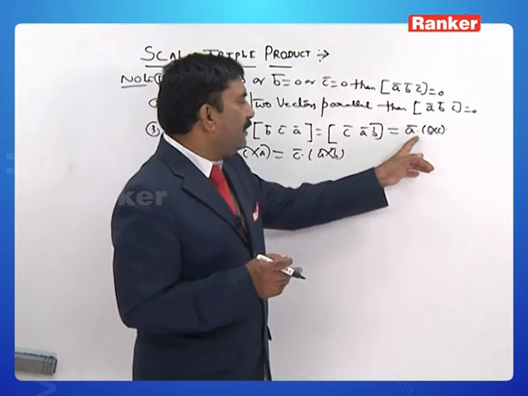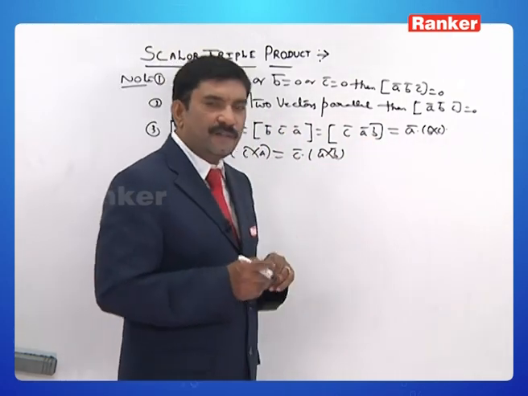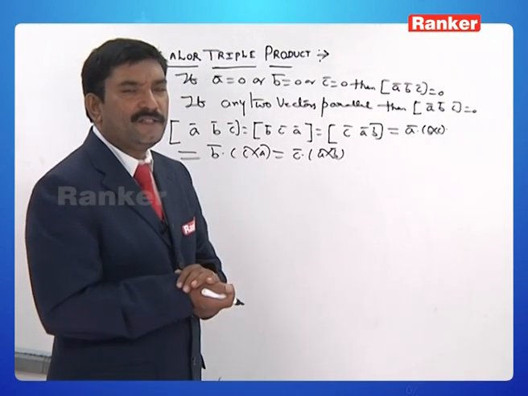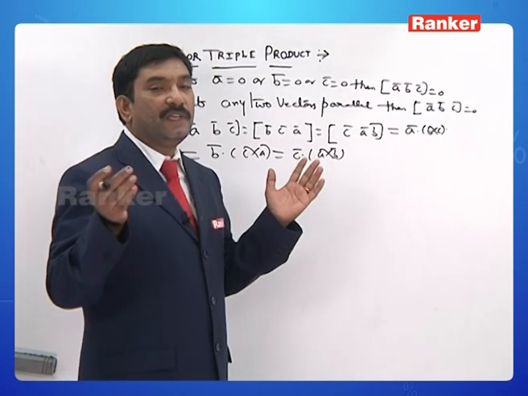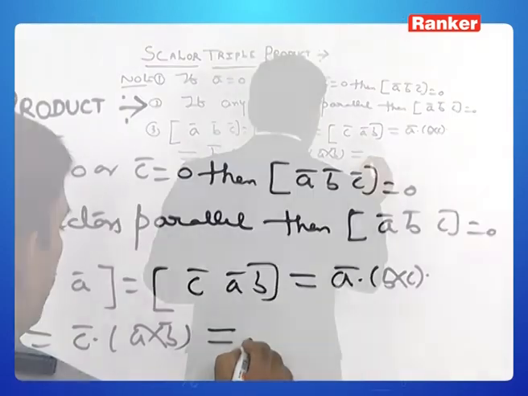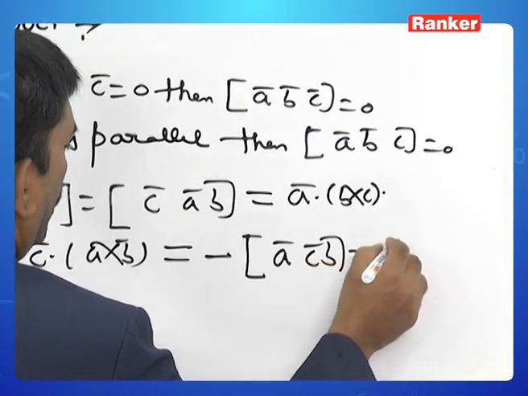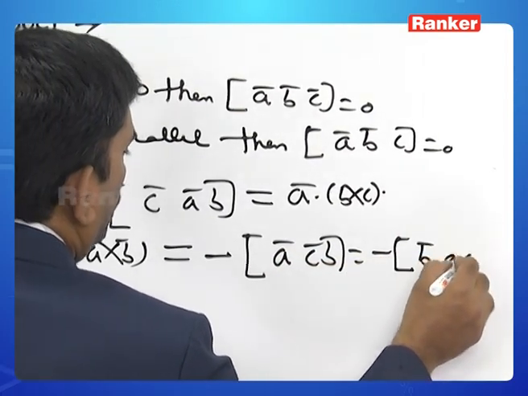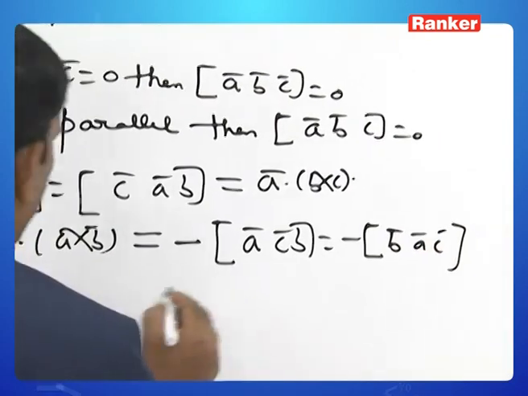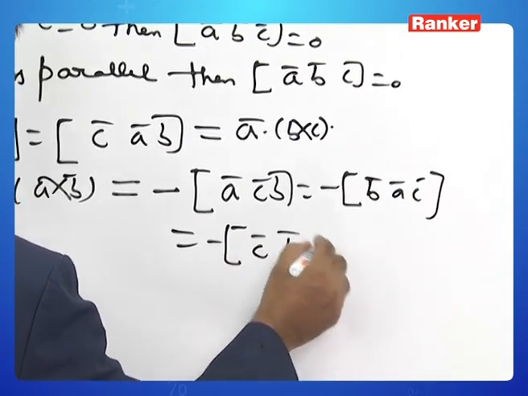So therefore, here dot, here cross, here cross, here dot. Dot and cross are interchangeable in a cyclic order. Without the cyclic order, sign changes. You see, I will write this one as minus ACB, minus BAC, right? Minus, I can write minus CBA, right?